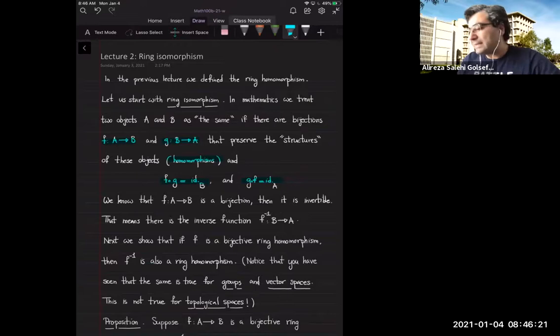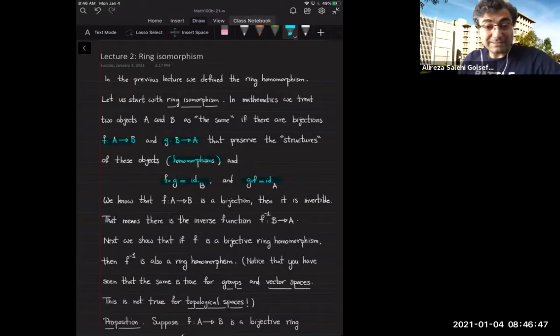Sometimes we get lucky and we only need to have one direction for the definition. For instance, in groups, you've seen that if there is a bijective group homomorphism from one group to another, then the inverse function is automatically a group homomorphism as well.